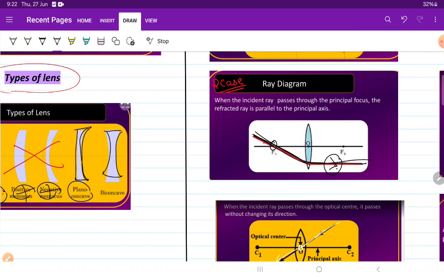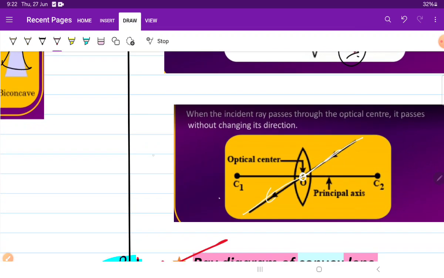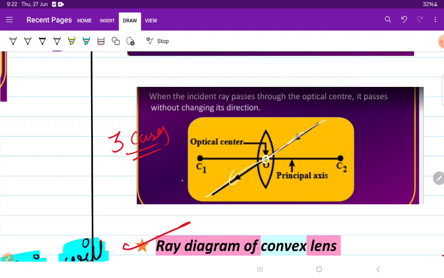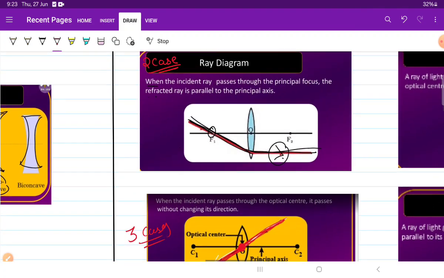Okay, now start with the third case. In the third case, if any ray is passing through the optic center, the middle part at the center of the convex lens, it will move in the same direction, in a straight path only.